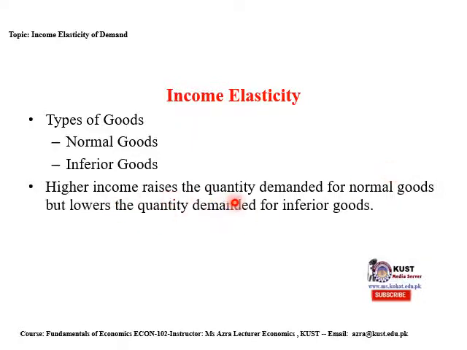Higher income raises the quantity demanded for normal goods but lowers the quantity demanded for inferior goods. Inferior goods are those goods for which, if the best alternative is available, we will decrease the purchasing of that good.